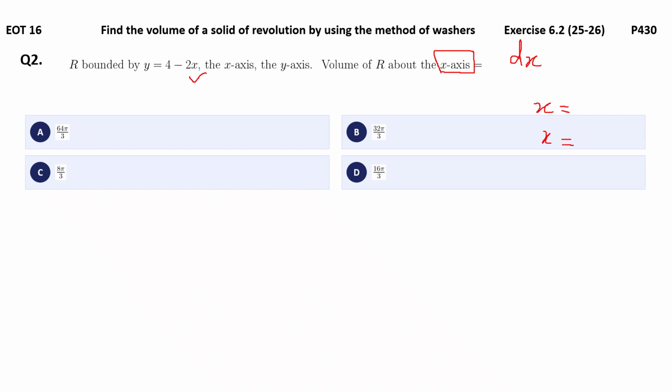So from the y-axis, you will receive your x value as 0. So one of the limits is 0, whereas for the other limit, you will replace your y value with 0. So when you replace it, you will find your x value as 2.